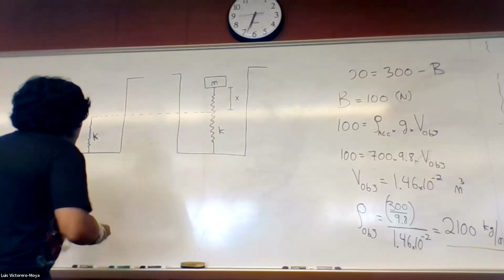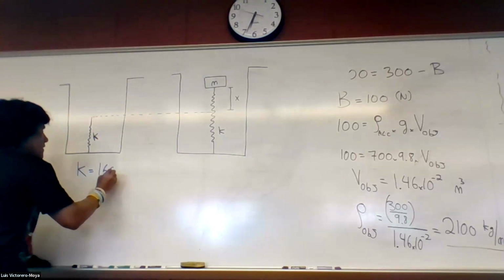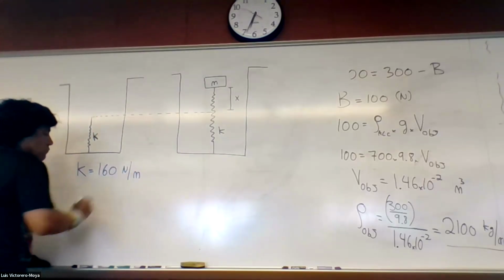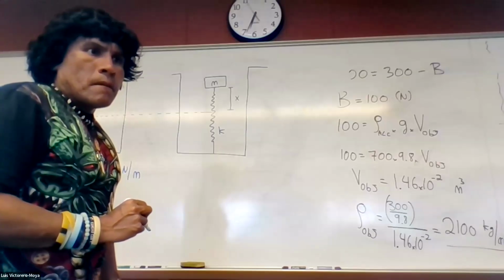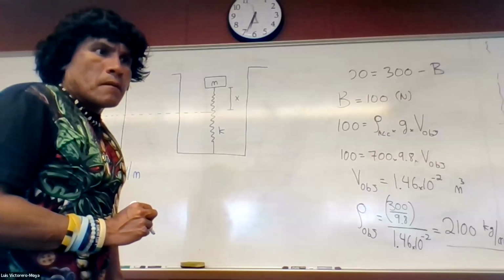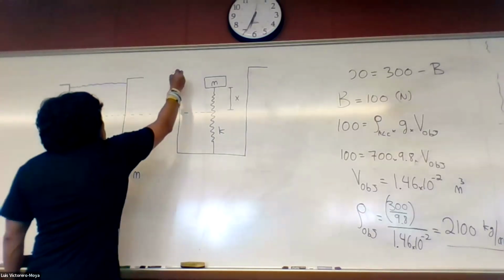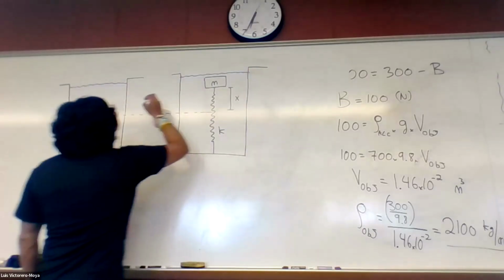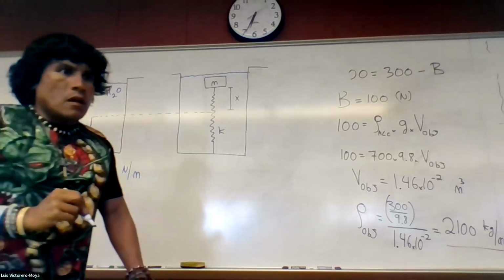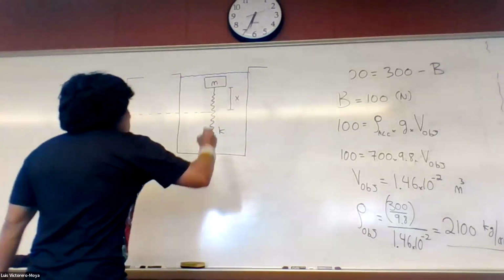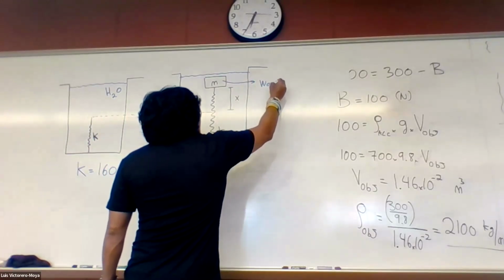Okay, so they give you the spring constant K is 160 newtons per meter. The container has water, that's H2O. And yes, of course, this mass is wood. Yeah, wood wants to go up, right?